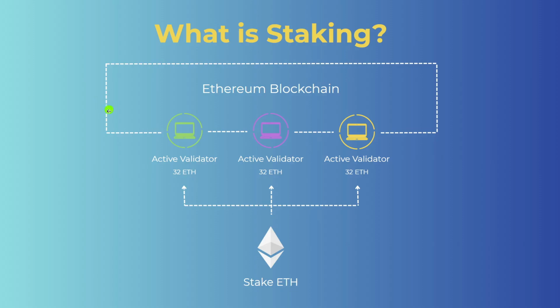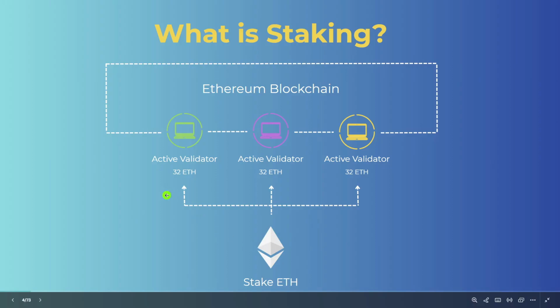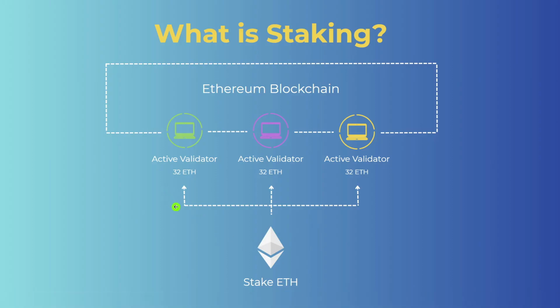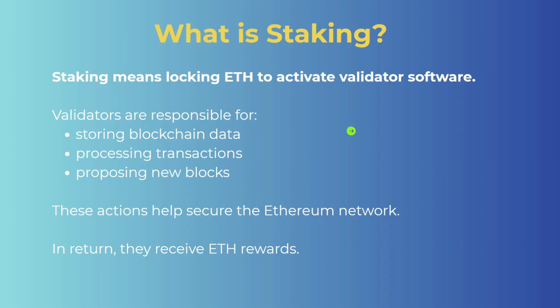So basically, staking means staking this ETH to create a validator node so that we can secure the blockchain, as we will see in more detail. As we said, staking means locking it to activate the validator software.